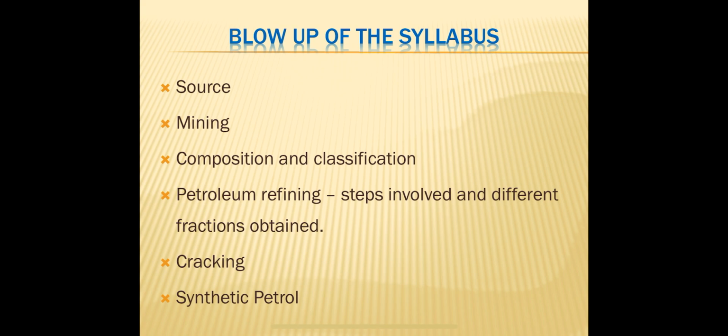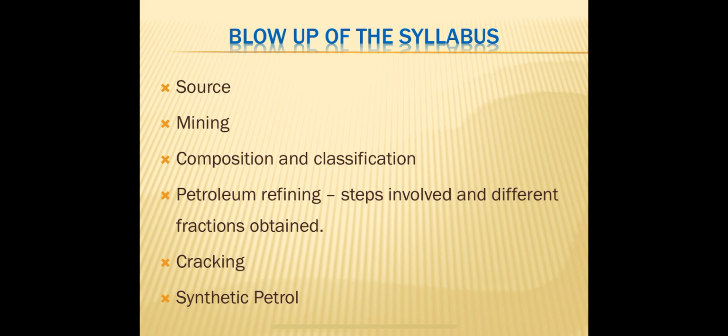At 30 degrees, uncondensed gas is obtained, and between 30 to 70 degrees centigrade petroleum ether is formed. Between 90 to 120 degrees, gasoline or petrol is formed, and naphtha or solvent spirit is obtained between 120 to 180 degrees. Like this, different fractions of petroleum are obtained.